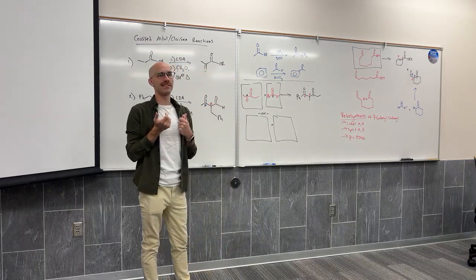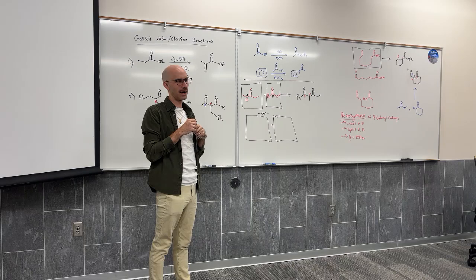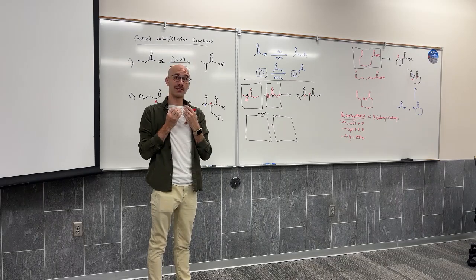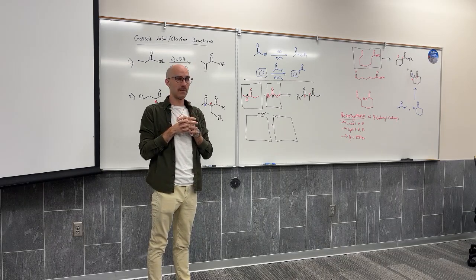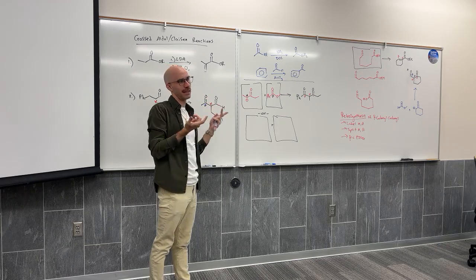So the issue is I tried to give that cyclic structure at the top, and then I realized there's no way to selectively make the ester's alpha carbon an enolate.